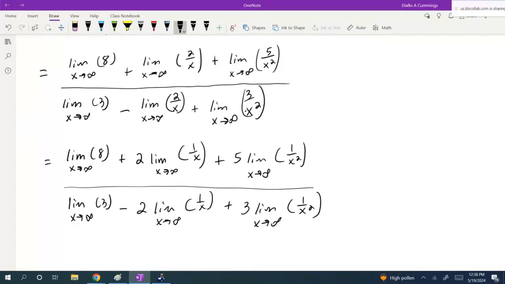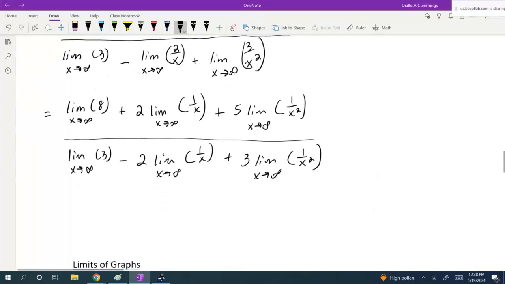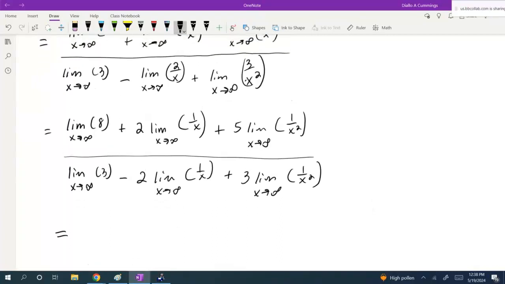And now we'll simply find the limits. So the limit as x approaches infinity for 8 is going to give us 8, because there is no x to substitute in a function that gets bigger and bigger. If you were to graph f of x equal to 8, that would just give you a straight line at 8.